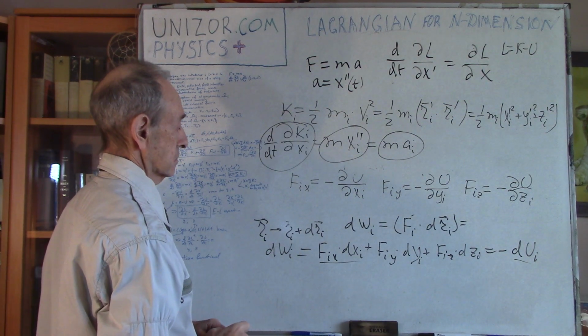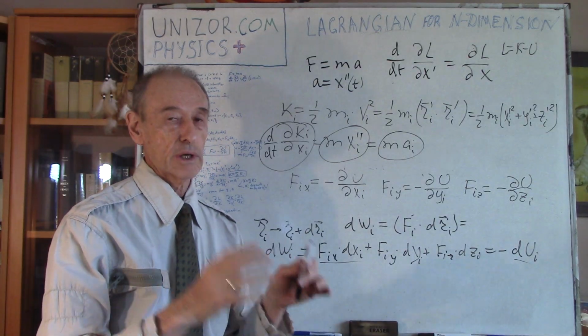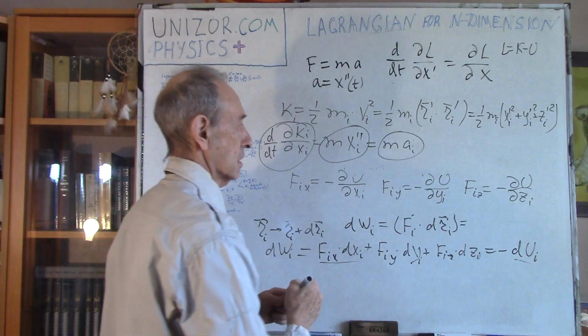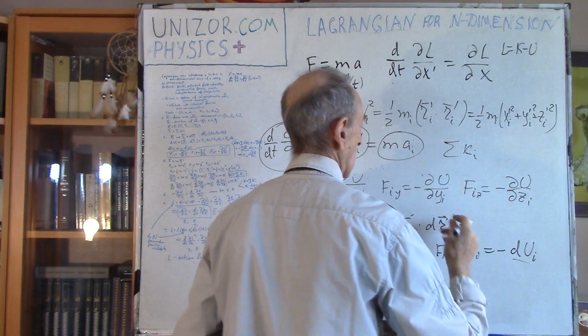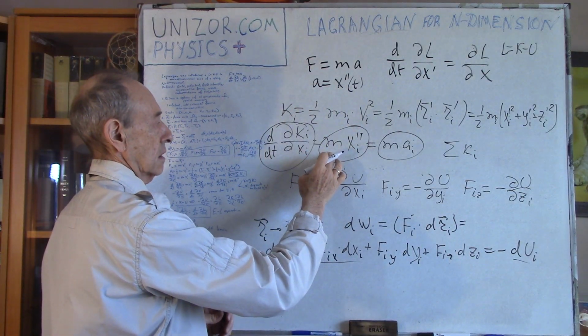Now, the kinetic energy of the i-th object depends only on the i-th velocity. Now, the sum of kinetic energies is basically a sum of this expression by i.